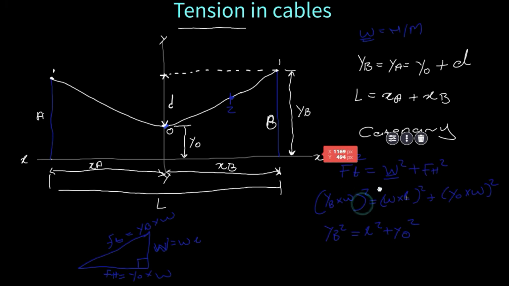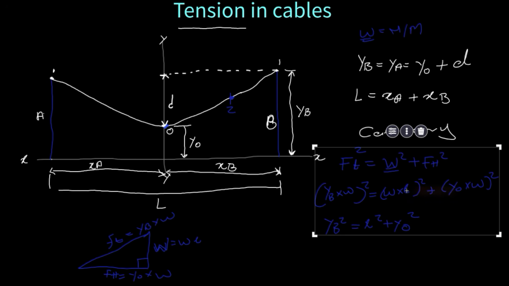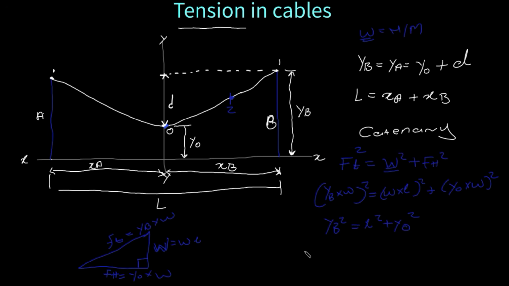Let's move this and look at the other formula that we have, which is the formula to calculate for X. Let's use XB. XB is equal to yo ln in bracket yb plus Lb all divided by yo, close bracket.